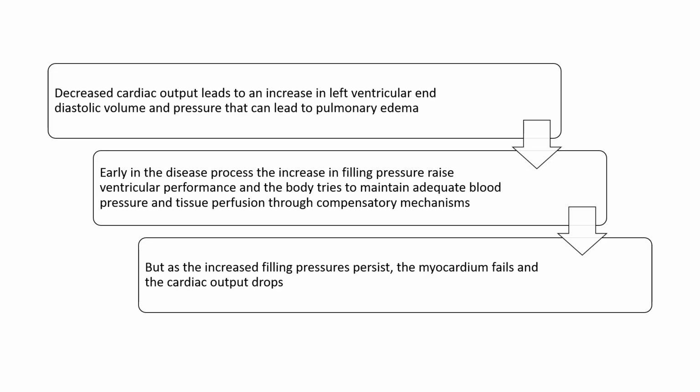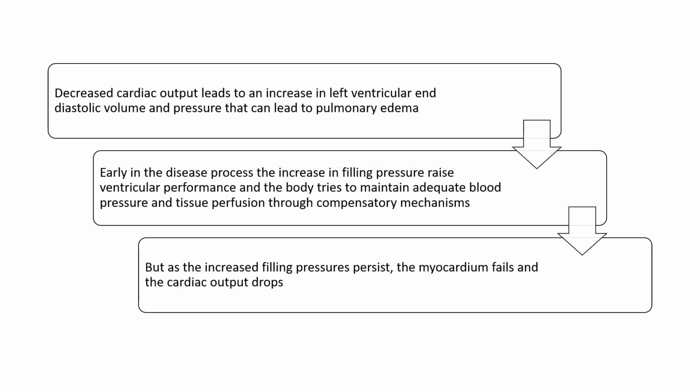So in the early phases of the disease, there is this increase in filling pressure that will raise ventricular performance, and the body tries to maintain adequate blood pressure and tissue perfusion through these compensatory mechanisms that we've explained: the Frank-Starling law, the neurohormonal mechanisms, including the RAS system and the sympathomimetic nervous system, and the natriuretic peptide system.